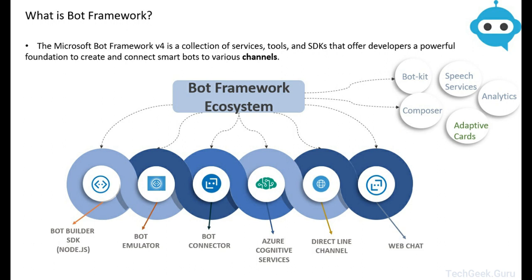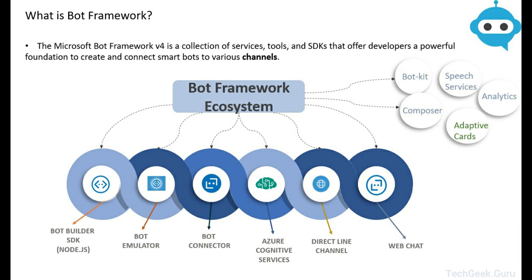In this course, we are going to see how we can create a LUIS app in the cloud and add a lot of different intents and utterances to it. We will also see how we can create a QnA Maker knowledge base in the cloud and then add a lot of question and answer pairs to it. Our bot will then connect to these services and in response will get a JSON which will include an intent or an answer to a question from the knowledge base.